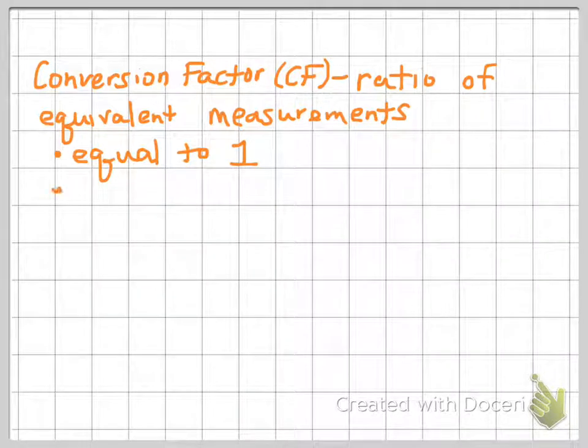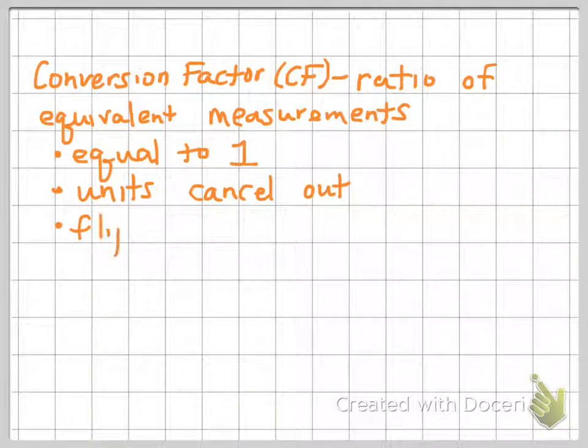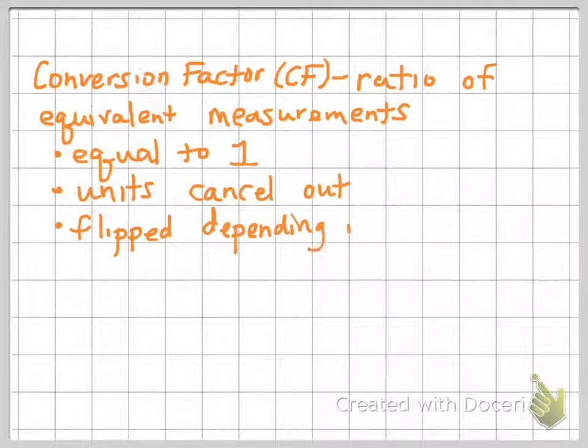And you always use your conversion factor so that your units cancel out. The power of a conversion factor is that it can be flipped depending upon where you need the units to be.